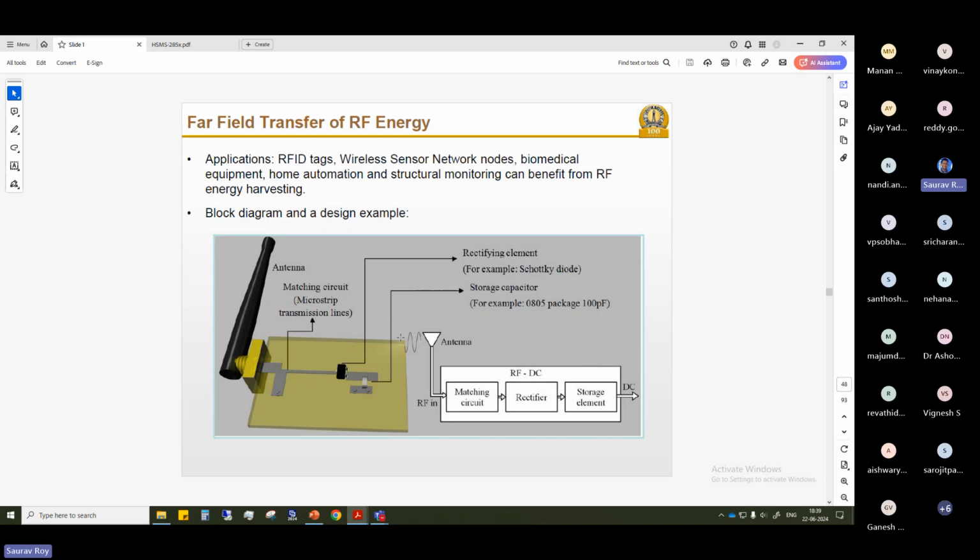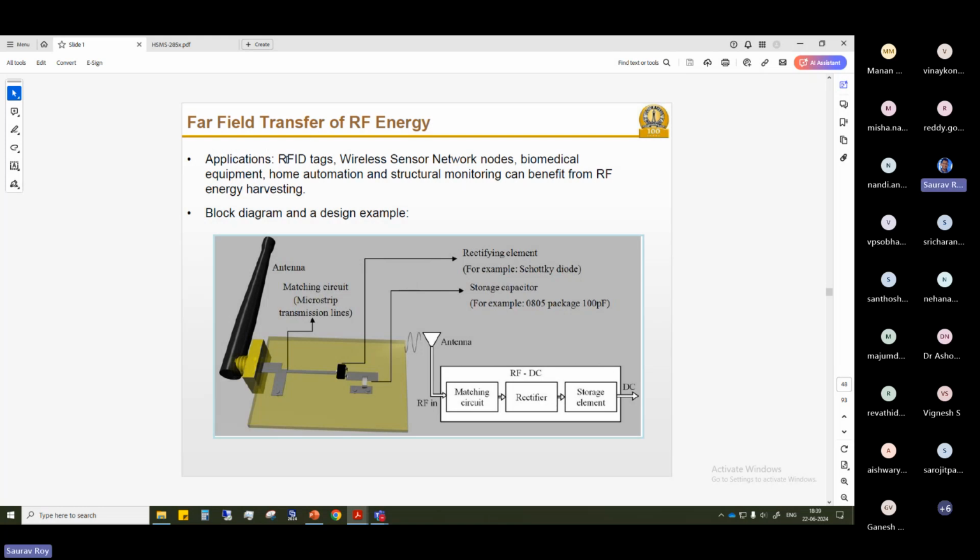So definitely we need a rectifier, which will convert the AC signal to a DC signal. Before that, because we have a rectifier and an antenna, there is a mismatch of the RF signal. Unless you have matching, we don't have signal flowing to the other end. That is why a matching network is in between. And you need a storage element, like a capacitor, which will store this power so that you can use it later.